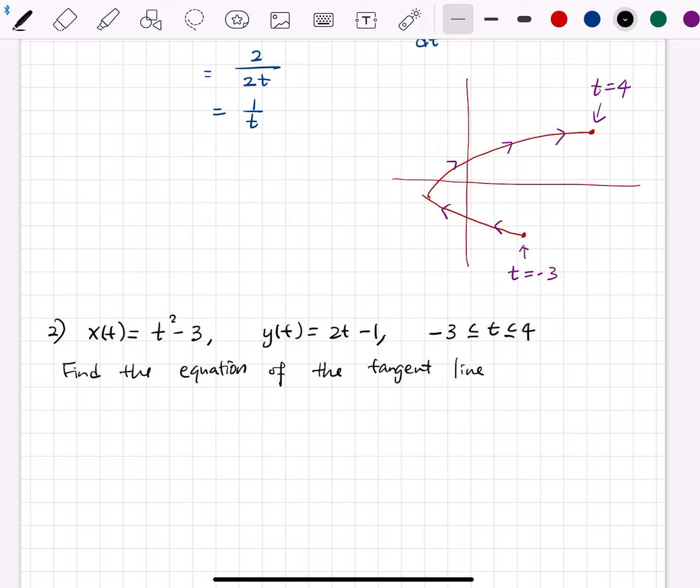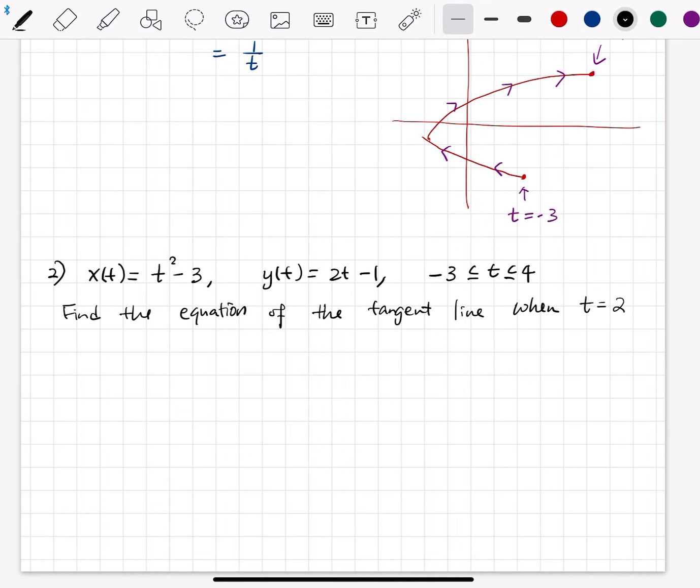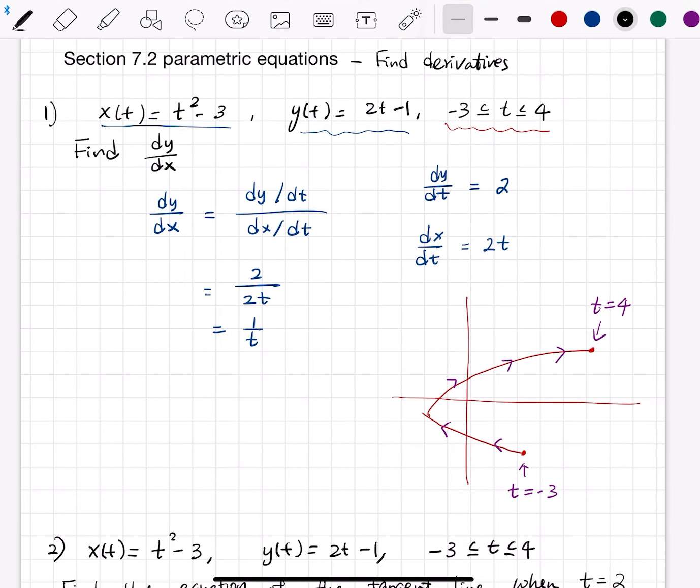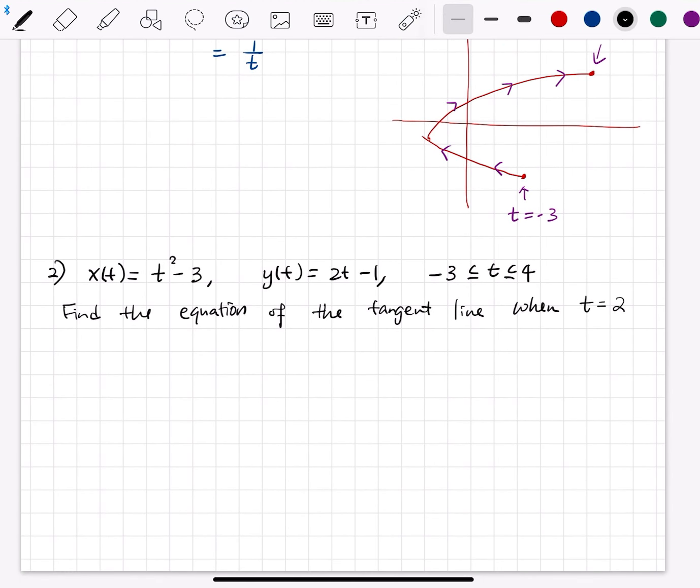Since we're talking about the equation of the tangent line, or the slope, we need a point when t is equal to 2. We already got my first derivative, dy dx, which is the slope of the tangent line.